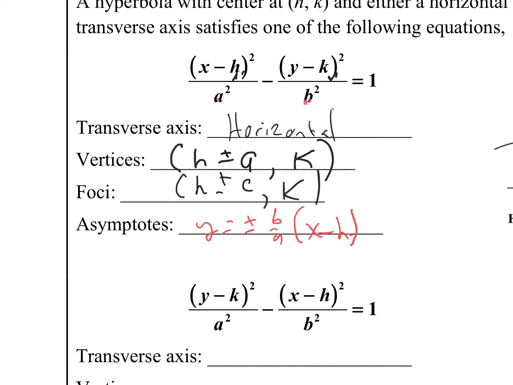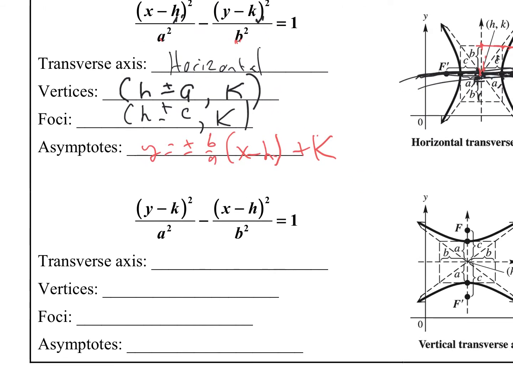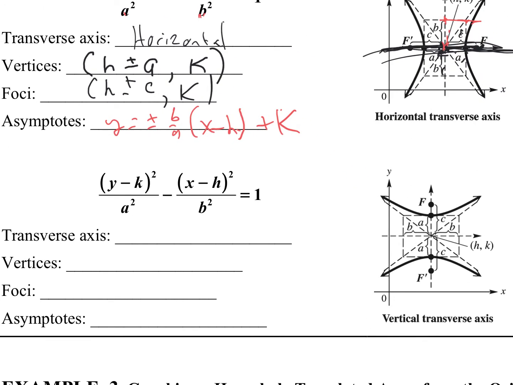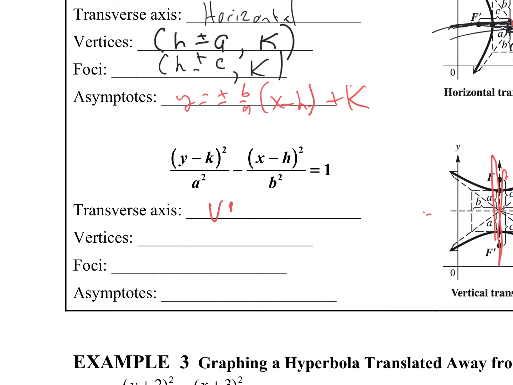And then always going to shift it to the k. The only thing different with what I call the horizontal hyperbola, which has the vertical transversal, I still call that a horizontal hyperbola.